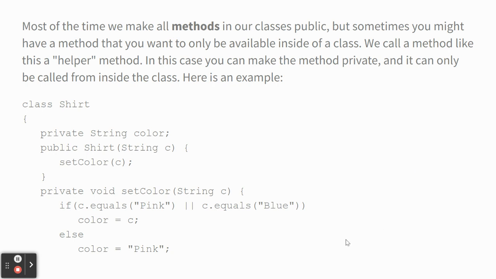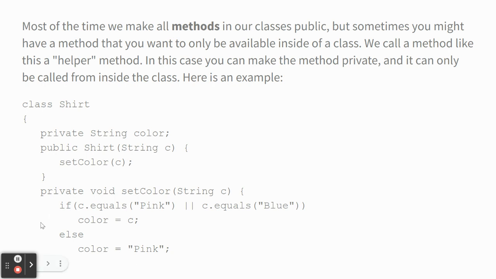I made a private method called setColor that's inside the Shirt class. It does that checking, hey, make sure the shirt is either pink or blue, otherwise set it to pink. And so right here, when I make a new shirt, people send over whatever color they want, but I'm calling my internal helper method. It's doing the data validation over in this other spot.